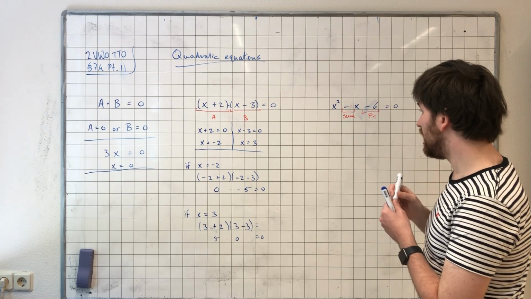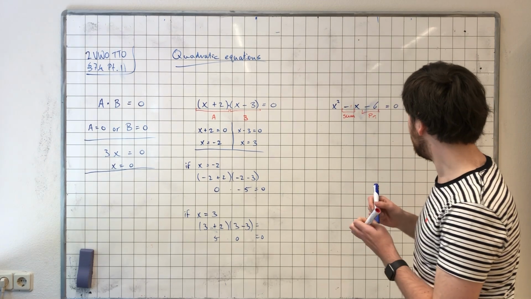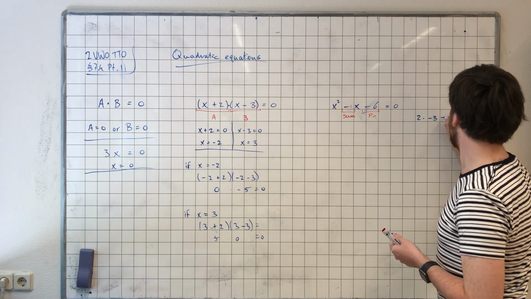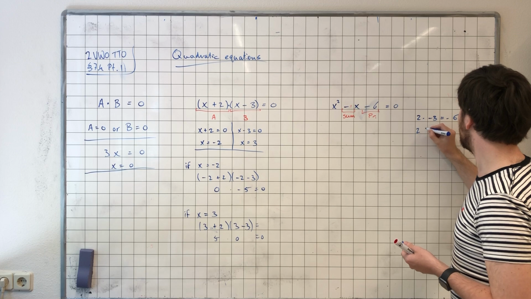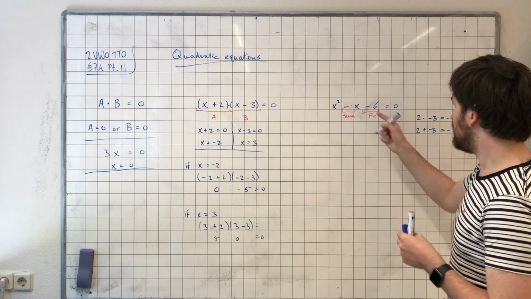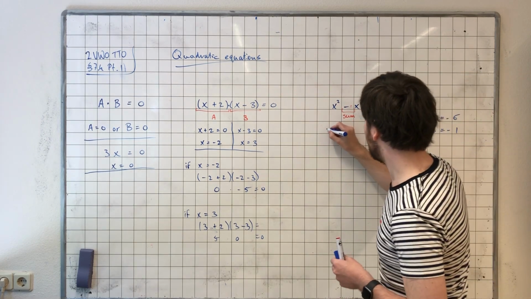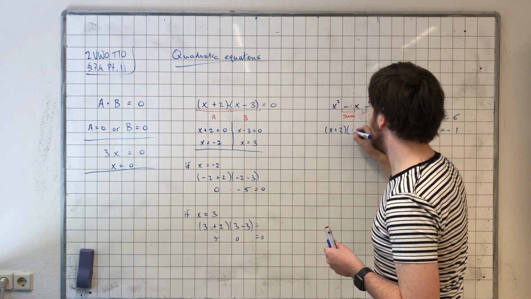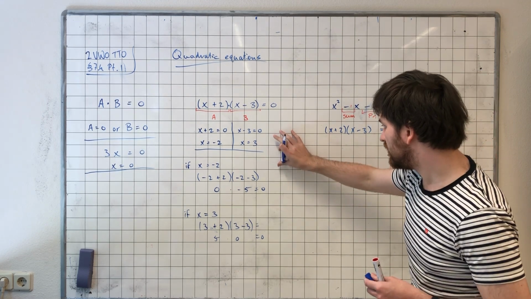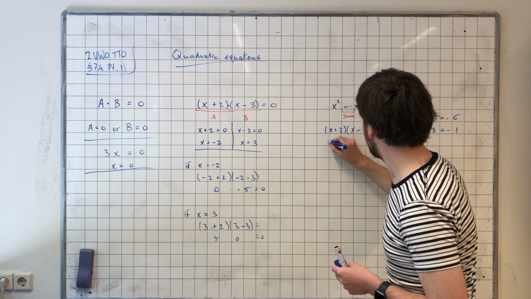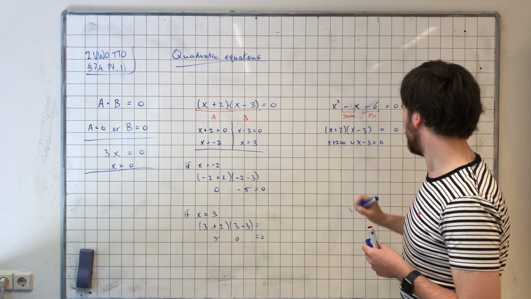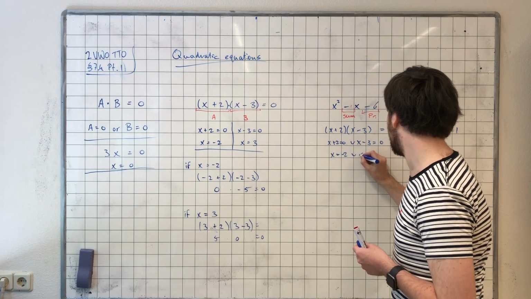So the two numbers that we have to use are 2 and minus 3, since 2 times minus 3 is minus 6, and 2 plus minus 3 is minus 1, so that fits. Which means that we can turn this formula into x plus 2 times x minus 3, which is still equal to 0. And then the same thing happens as we just saw. x plus 2 is equal to 0, or x minus 3 is equal to 0. So x equals minus 2 or 3.